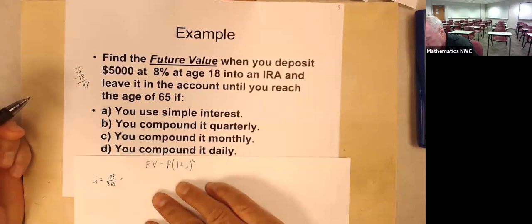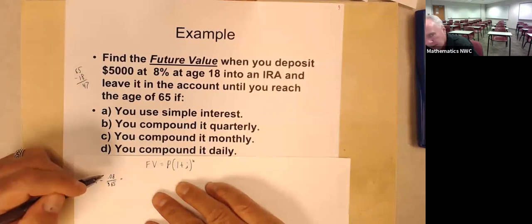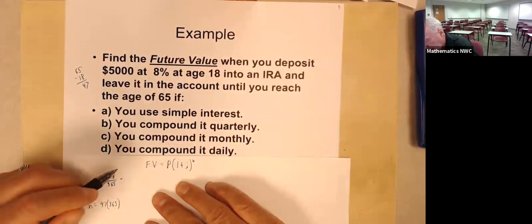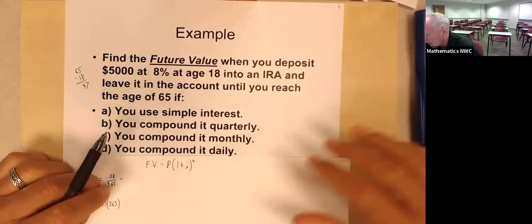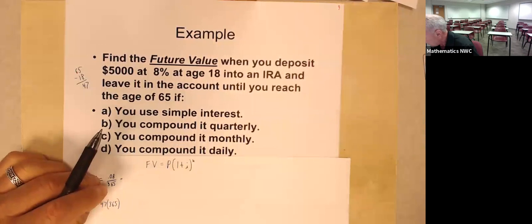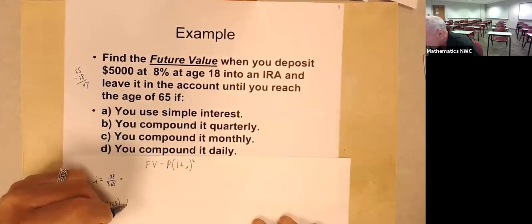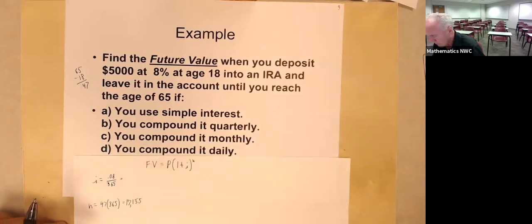Going to be a nasty decimal. Then I could also get my N. You remember it was 47 years times 365 because it's compounded daily. I'm going to put that in there once. 47 times 365 is 17,155. That number I wanted in there right away.